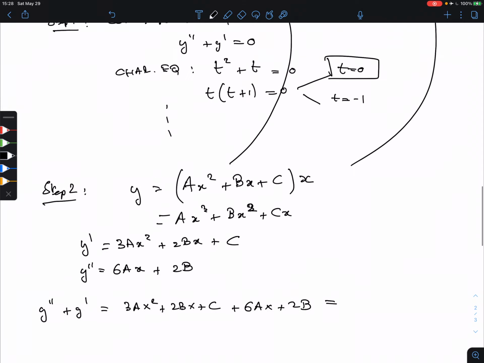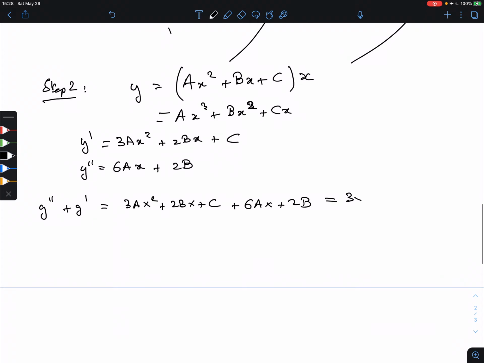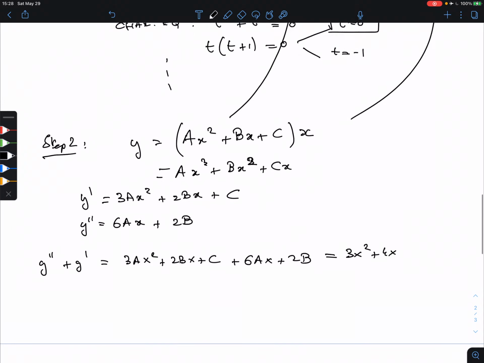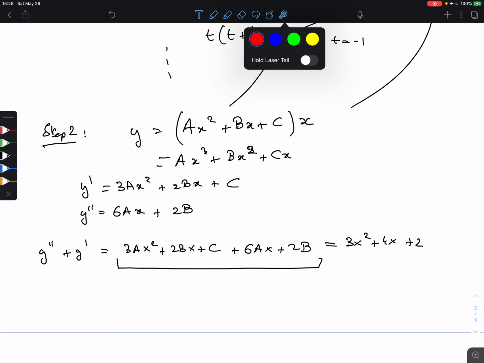And that must be equal to this polynomial 3x squared plus 4x plus 2. Notice that what we have on this side is a polynomial of degree 2. This might surprise you a little bit because you started plugging in a polynomial of degree 3, right?